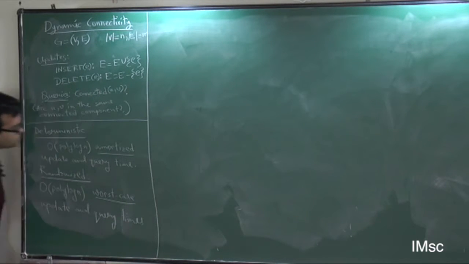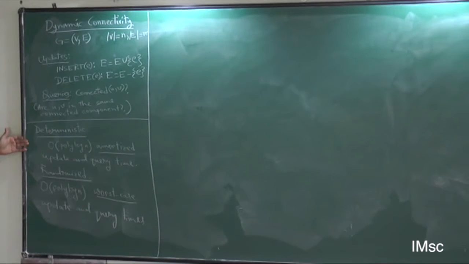So, you can immediately see one difference between this problem and the shortest path problem. For the shortest path problem, our update times were quite large, n. Here it is quite small, polylog n.